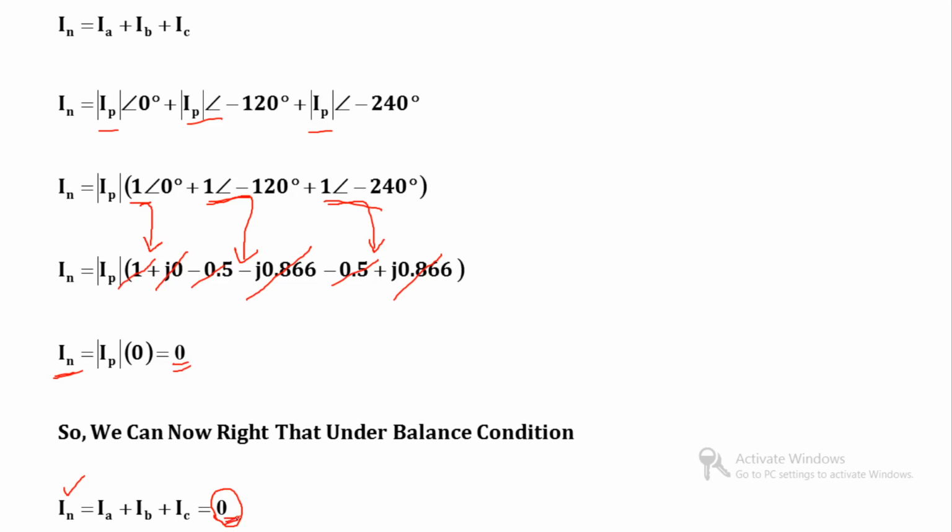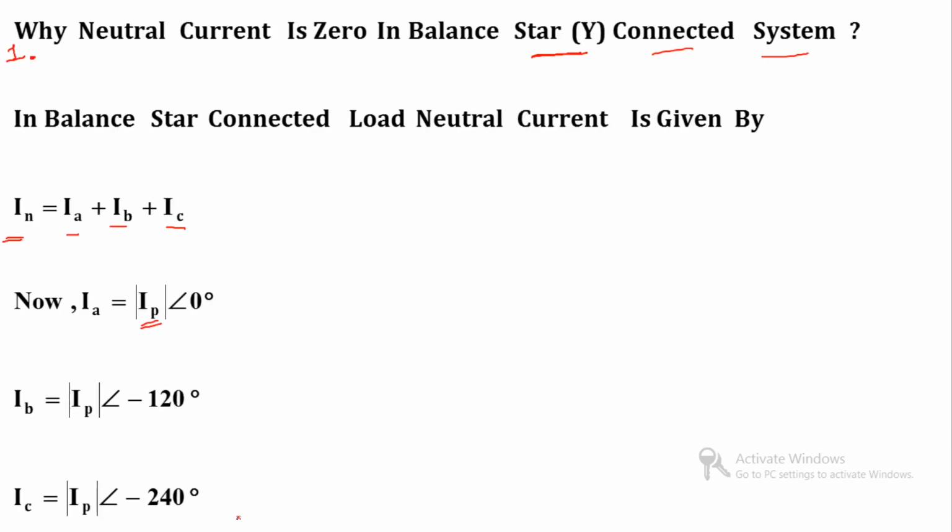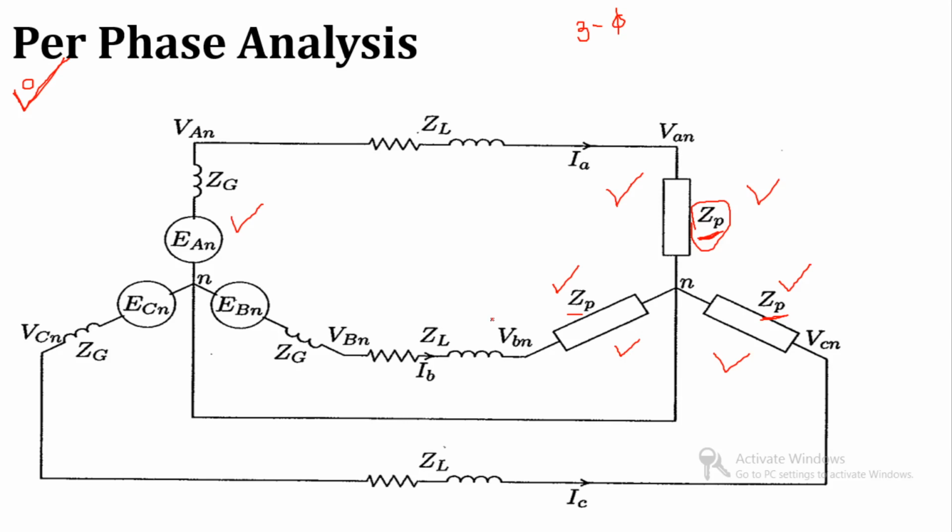So, why is this neutral current 0? Just because all the three phases have balanced current, and balanced current means there is a balanced load in all the three phases. Clear? Balanced load is present in all the three phases.